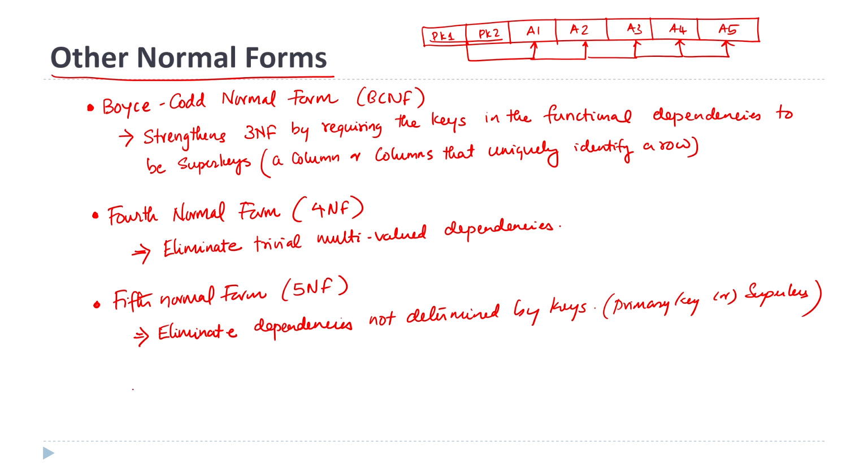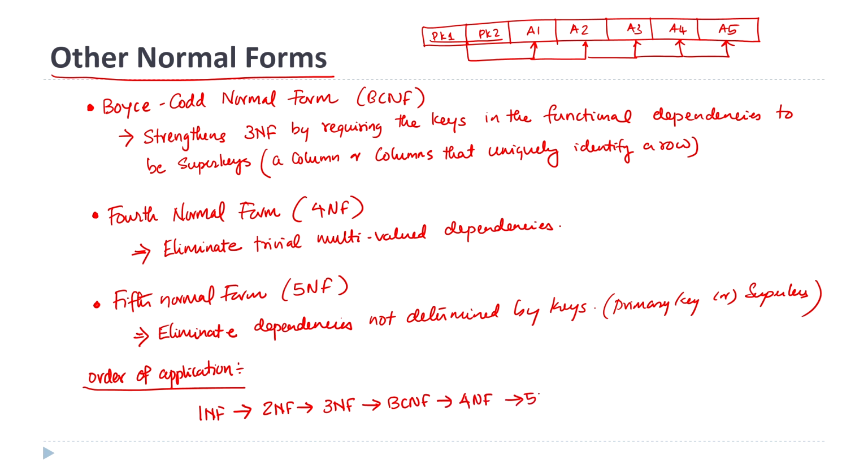So, how do we apply this? The order of application is 1NF first, followed by second normal form, then third normal form, then Boyce-Codd normal form, then fourth normal form, then fifth normal form.